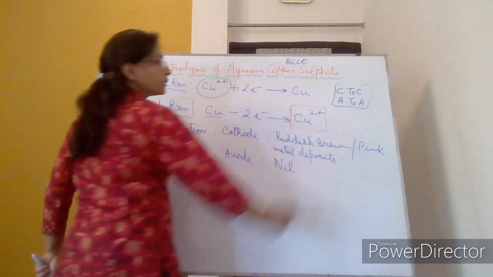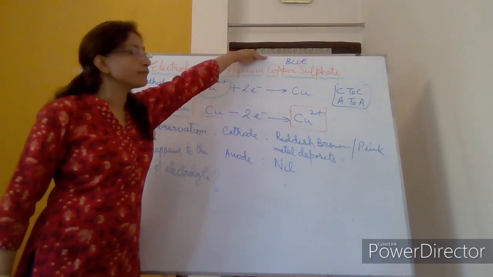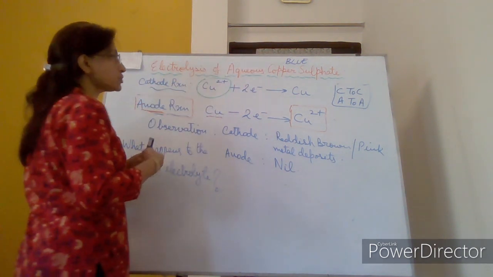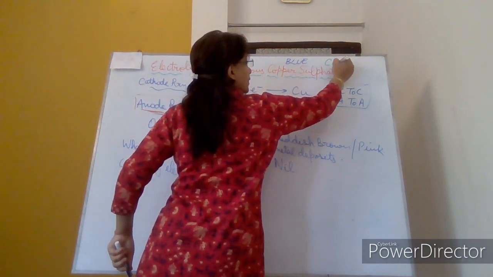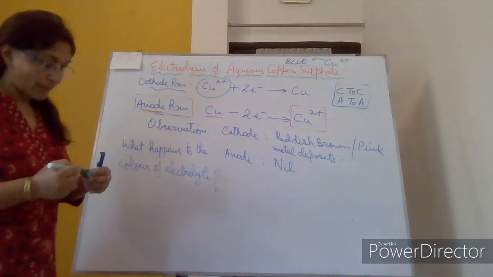It is blue in color, right? जो solution आपका बनके तैयार होगा, the color will be blue. This blue color is due to the presence of copper cations. ये कलर है कॉपर कैटायंस का.